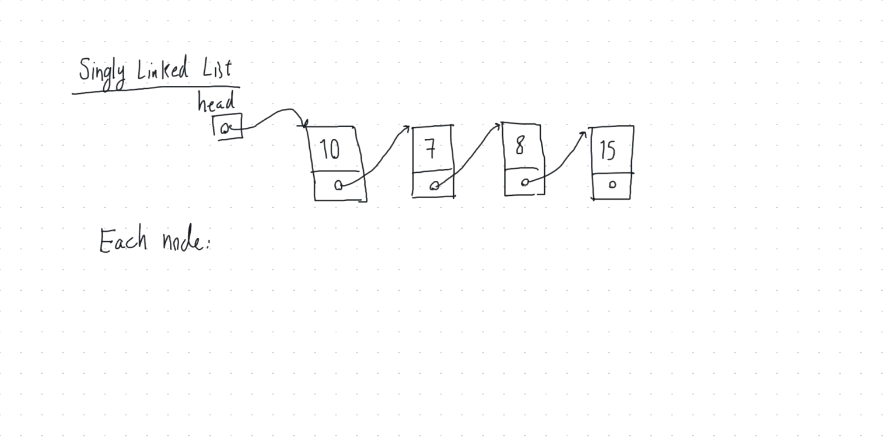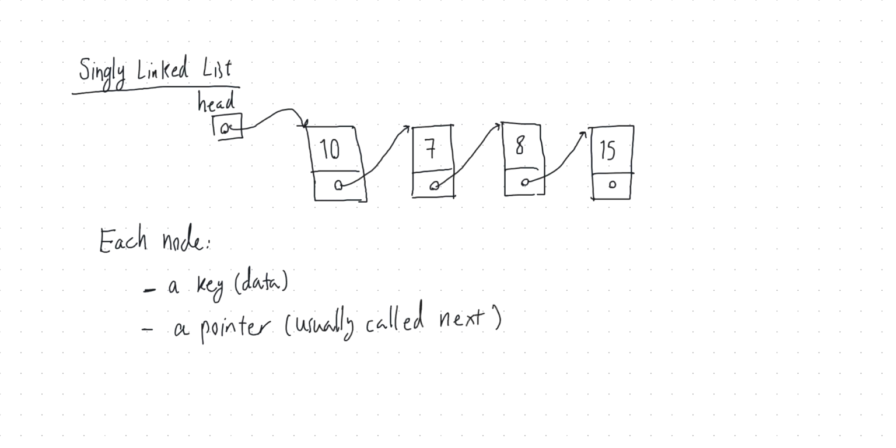It has a key or data that can be an integer, a string, a value of type double, and so on, and a pointer, usually called next, because it points to the next node. So that will be a very simple class.